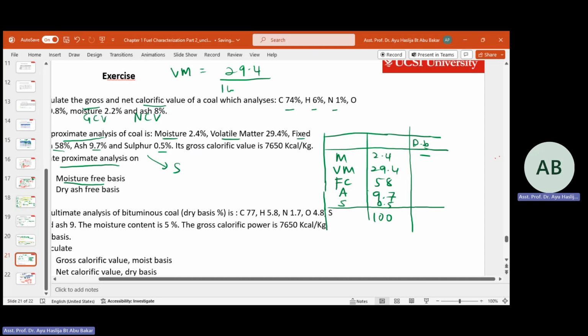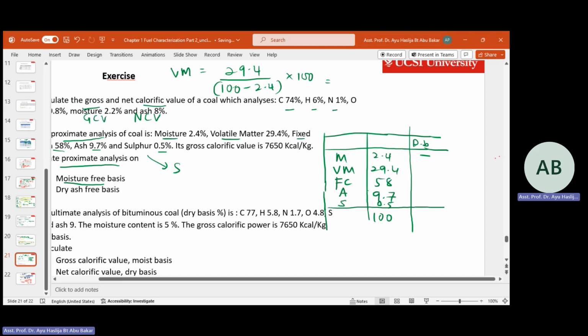It is the value over 100 minus the moisture, then multiply by 100%. Correct?